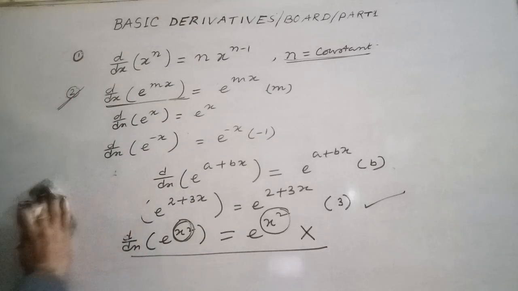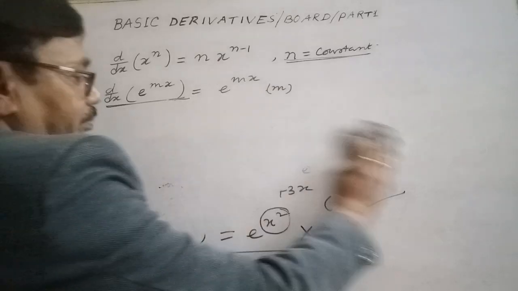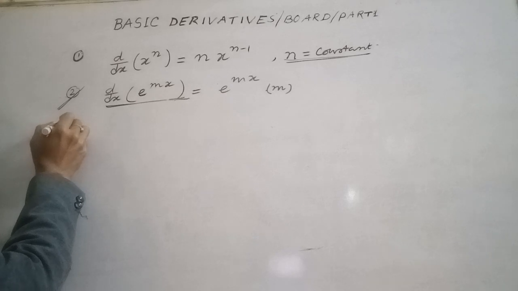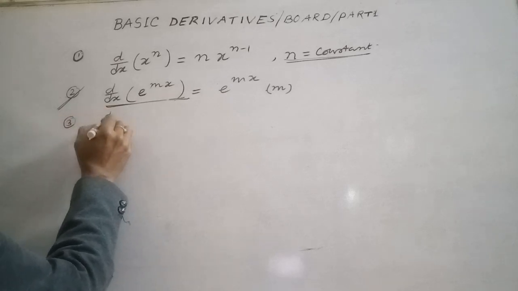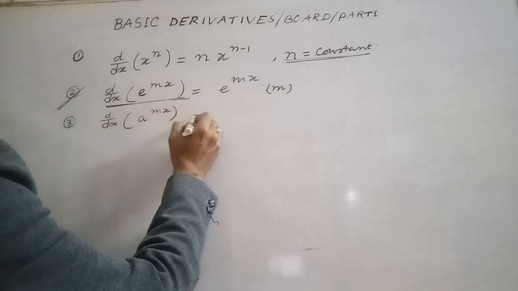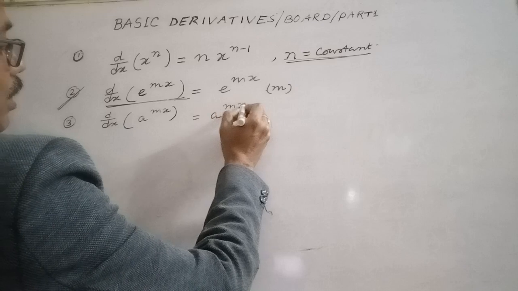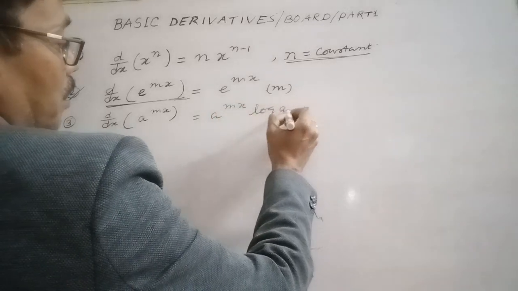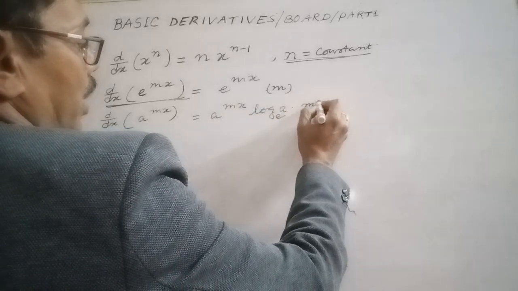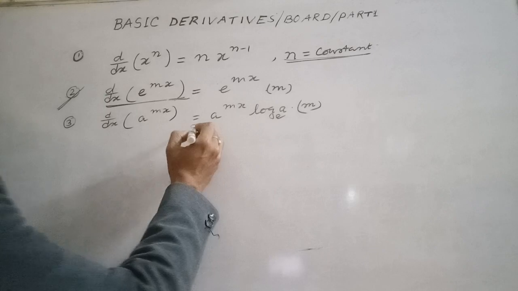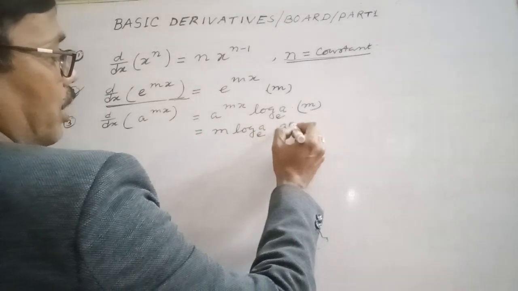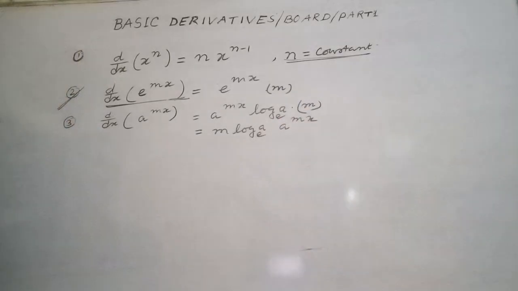Next, number 3: d/dx of a to the power mx equals a to the power mx into log a base e into the coefficient of x, which is m. So you can write it as m log a into a to the power mx.